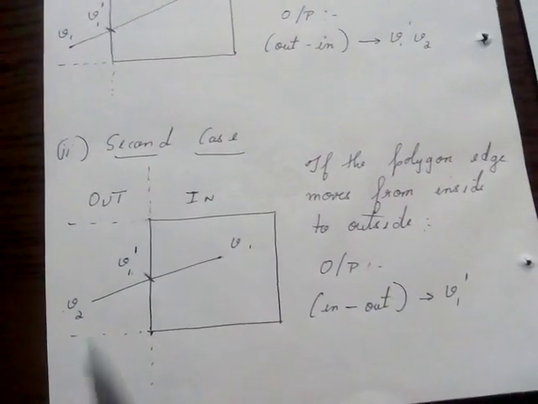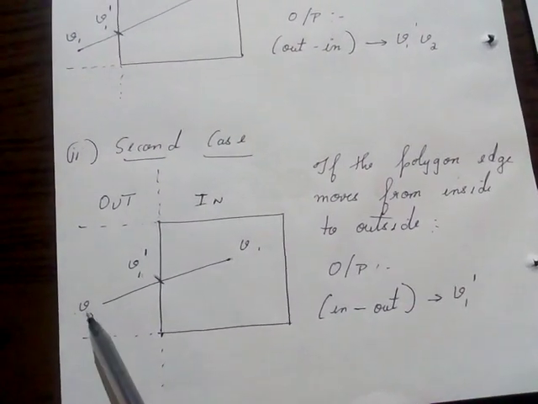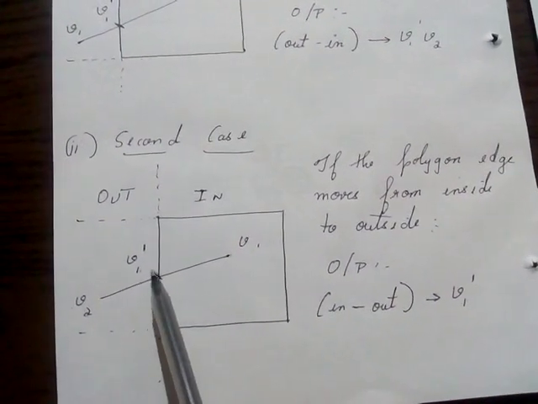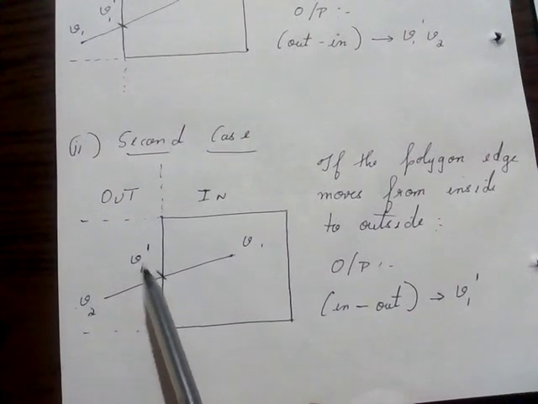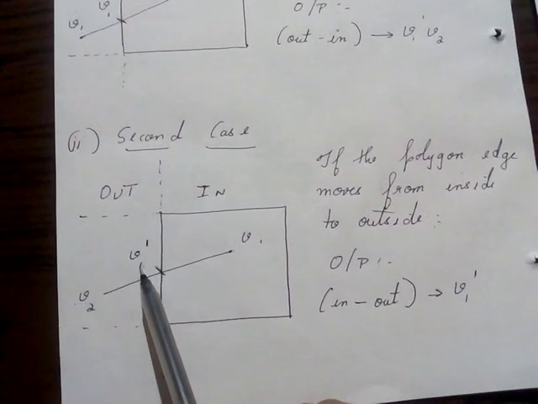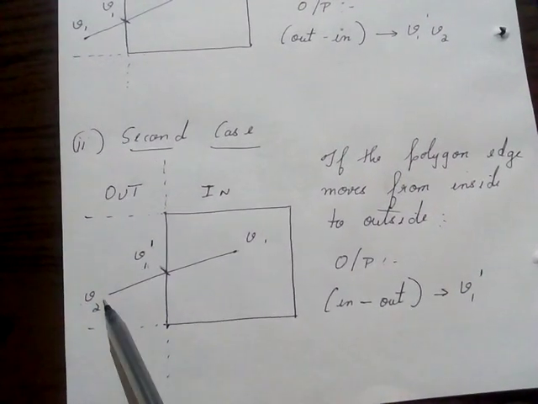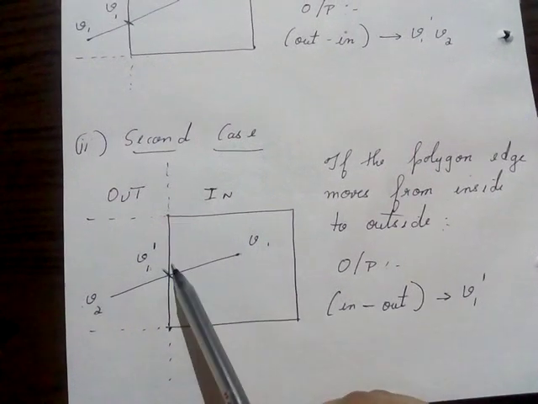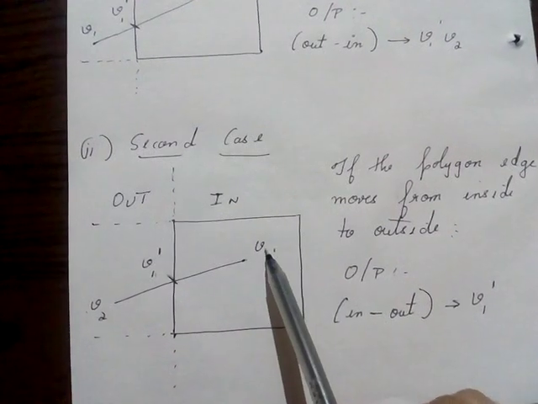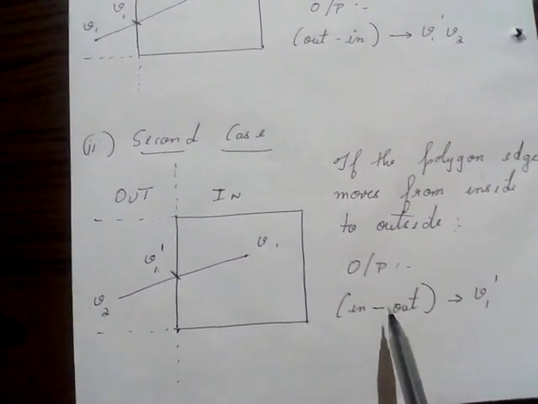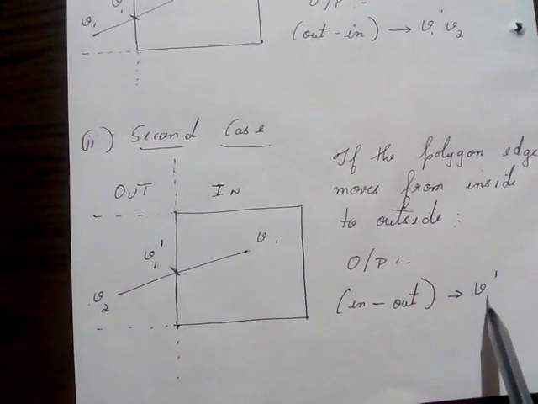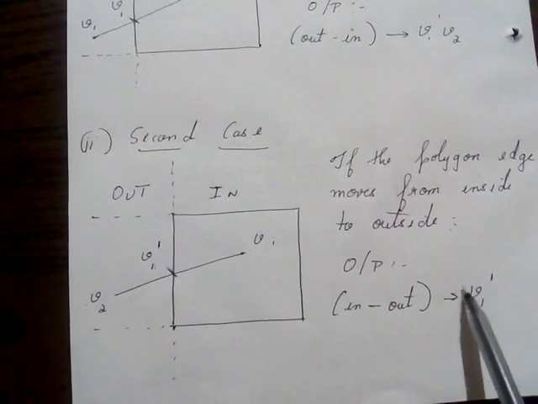Here we again take the intersection point, v1 dash, and the output of this edge, in to out, is only that intersection vertex, v1 dash.